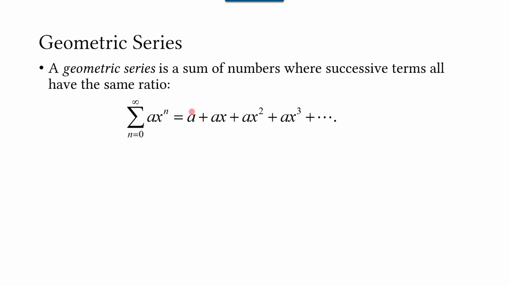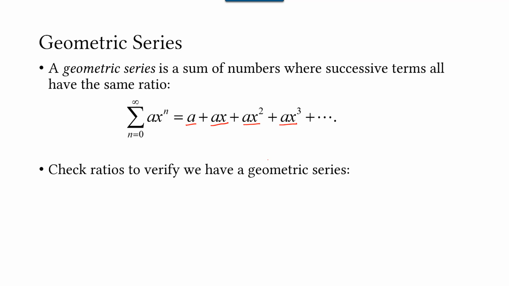So you can think of this first term as being some constant a times x to the 0, but we often just leave that out because it's 1. If the sum has this form, a x to the n, then the first term, a x to the 0, would be a, plus a x to the first, which is just a x, plus a x squared, plus a x cubed. And to get from one term to the next, notice that we're always just multiplying by x. That's what we call the common ratio of the terms.